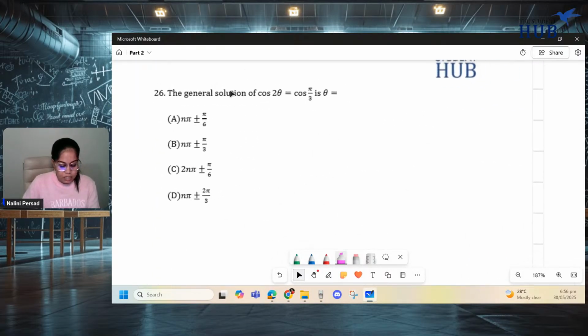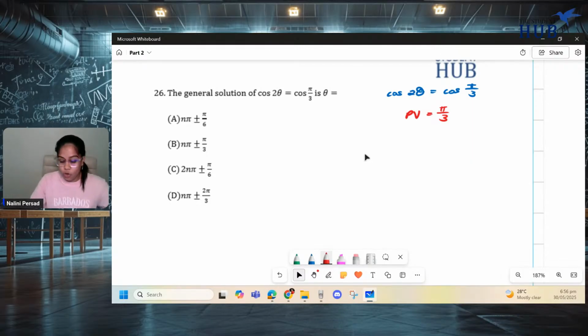Question 26. What's the general solution? So when they give you the equation with cos of something equals cos of something, the PV is just pi over 3, right? Because it had cos on both sides. So the PV here is pi over 3. You want to recall the general solution for your cos; now you have to take a look at what they have here.